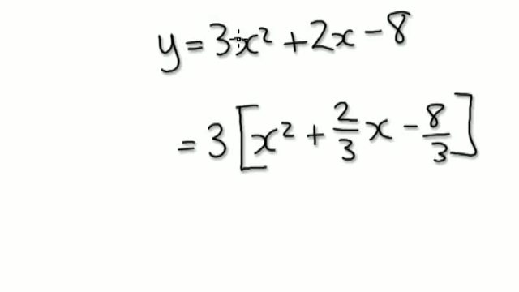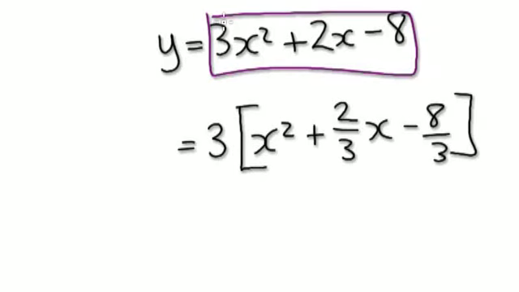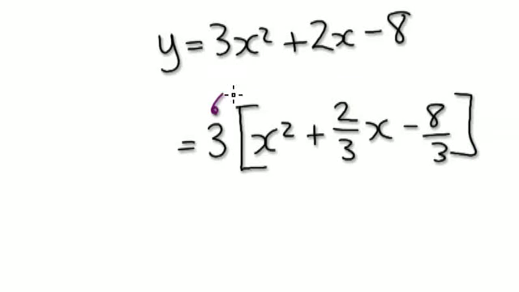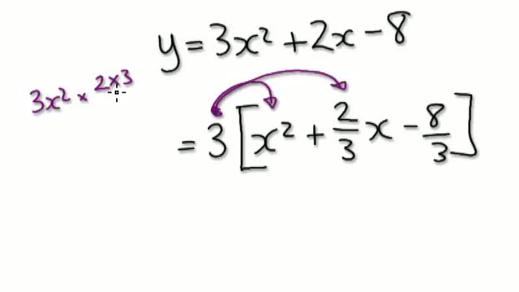What I'm trying to say is that this thing here is the same as this thing here, because if you multiply this out, you will have 3x squared. And then 3 times 2 over 3x, because you're multiplying a fraction, the 3 gets multiplied to the top, but these two are the same, so they kill off each other, giving you 2x.